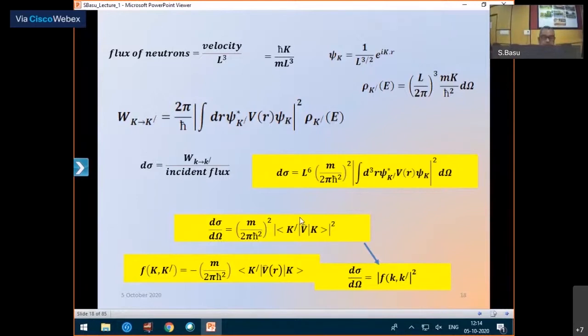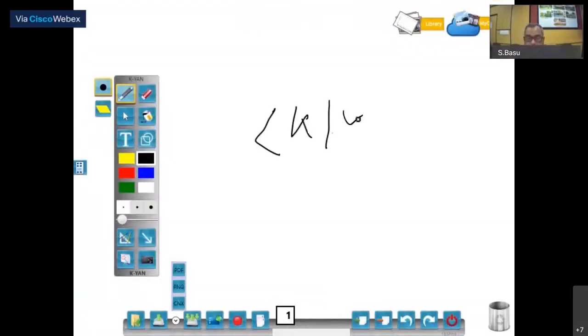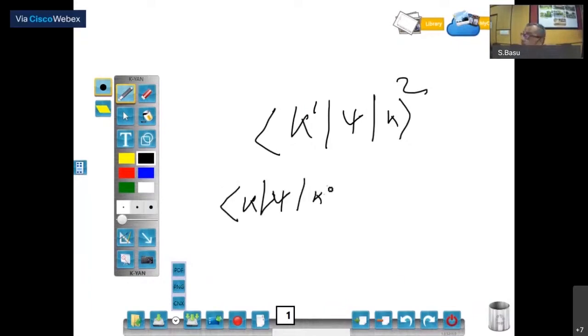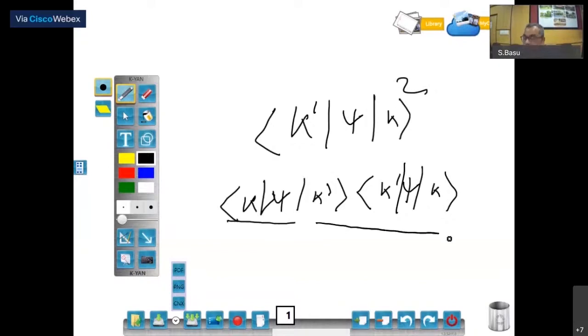Here I would like to mention one more thing to you. When I say k psi k prime psi k, if I break them up, it will look like k psi k prime, times k prime psi k. So I can move around these things and find out the square.